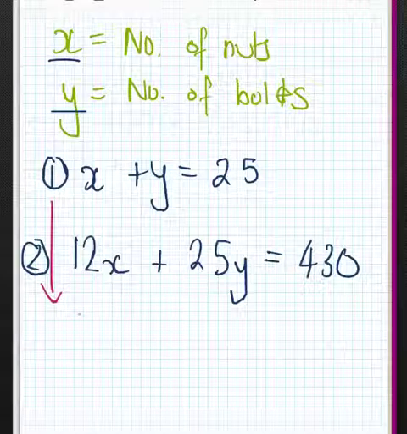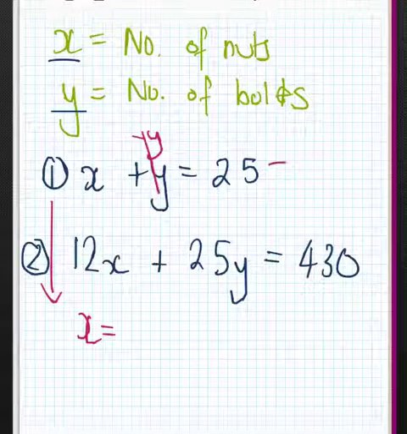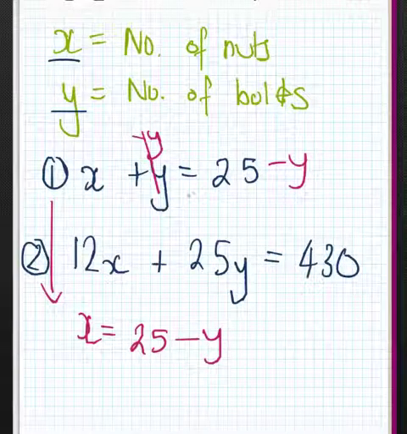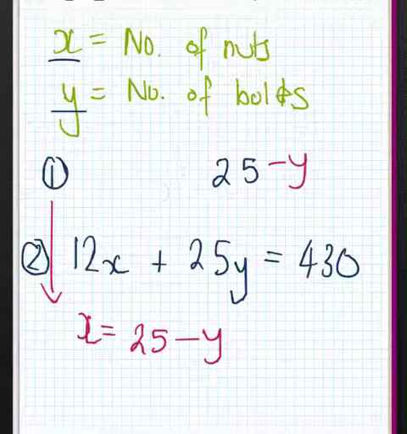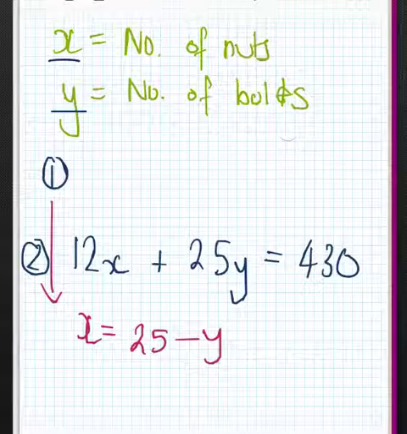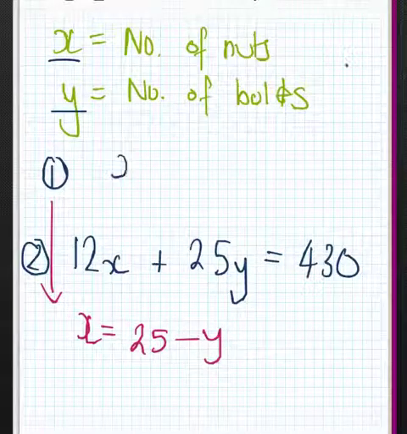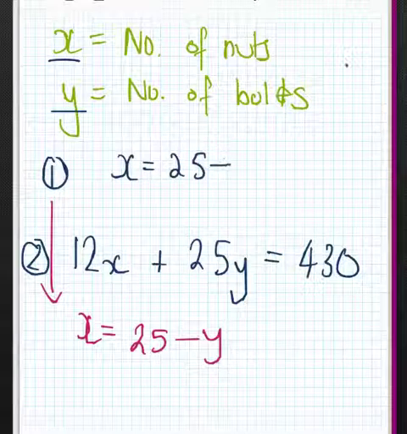So x is the subject. I'll have x equals, I have to minus y on this side, minus y on that side. So x will equal 25 minus y. So I rearranged equation 1. Instead of having what I started off with, I'll rub it off just to save some space. I now have x equals 25 minus y.